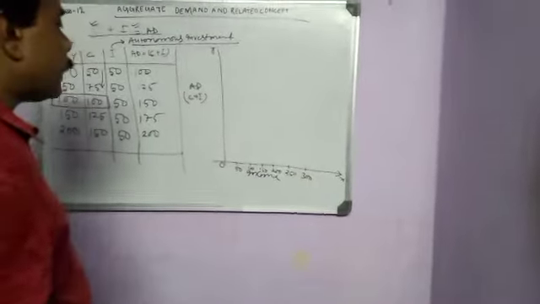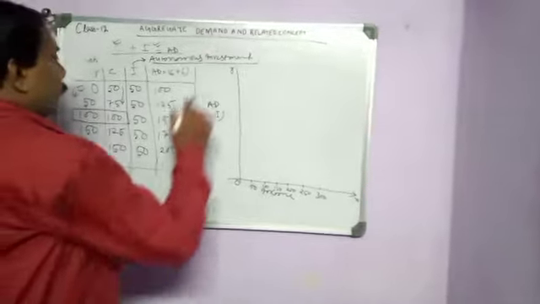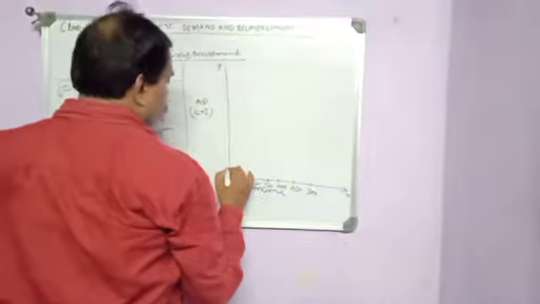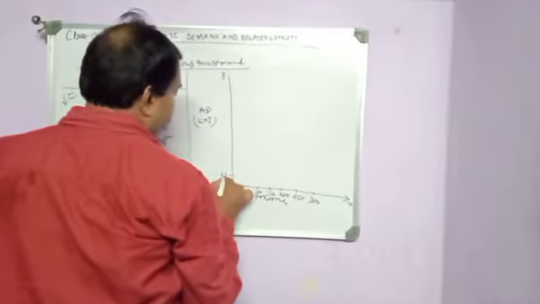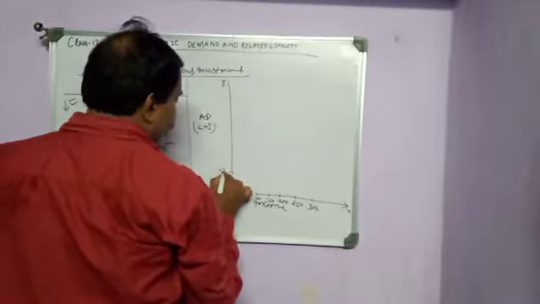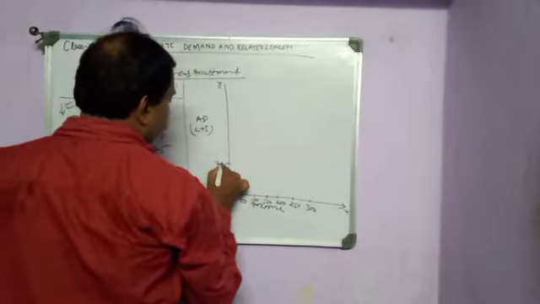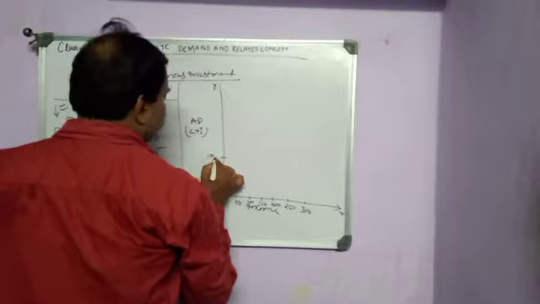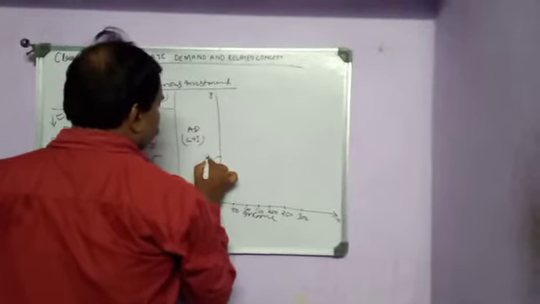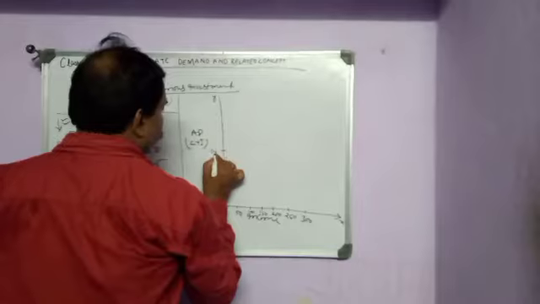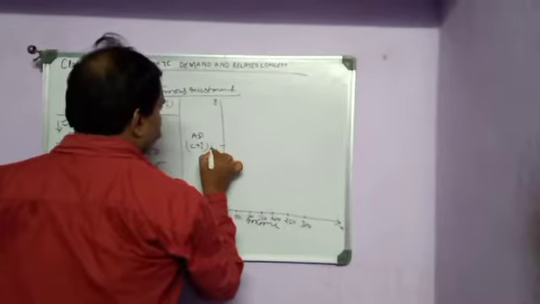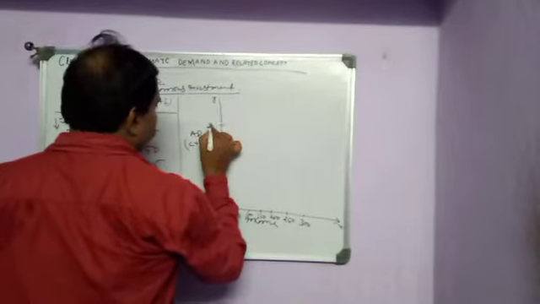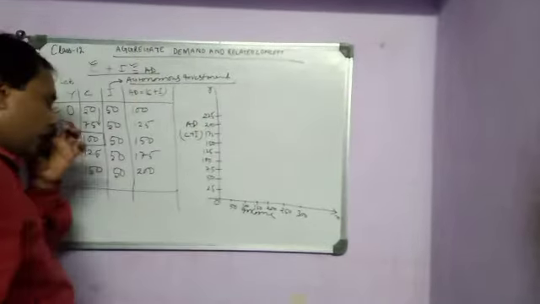That is our income, and aggregate demand is also given: suppose 25, next 50, next 75, next 100, next 125, next 150, next 175, next 200, next 225 and so on.